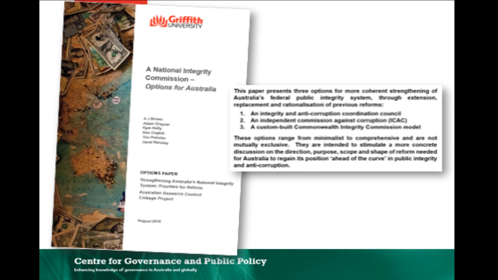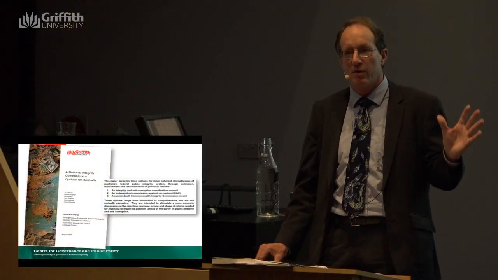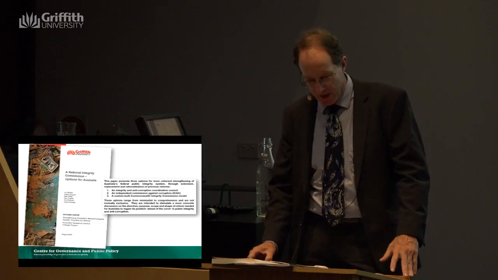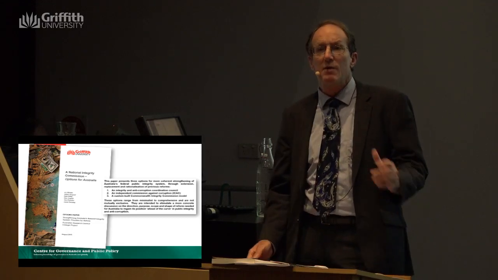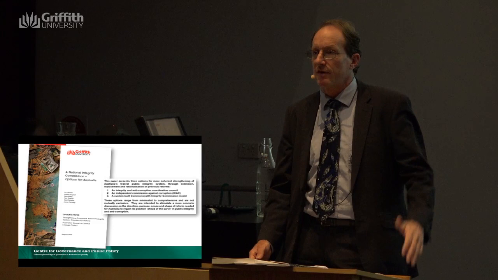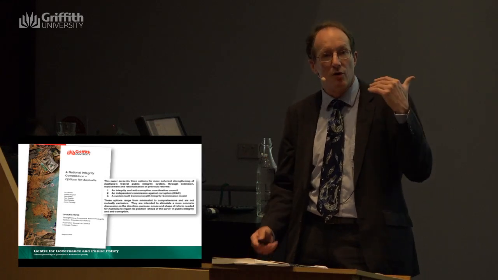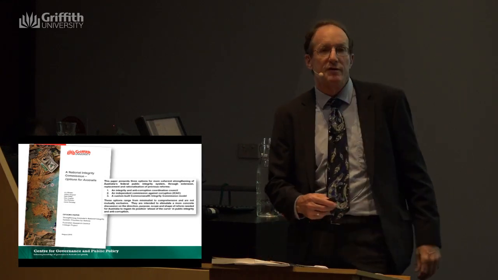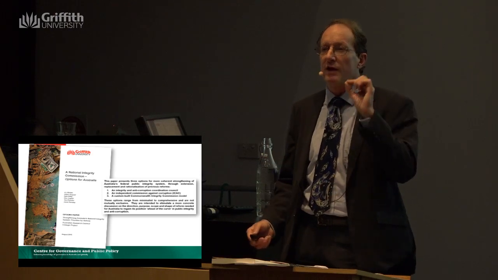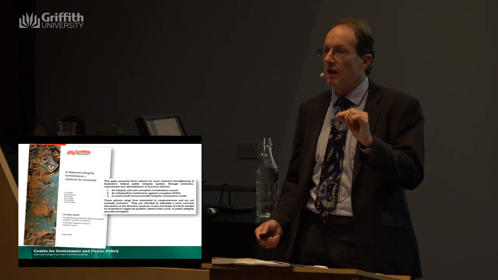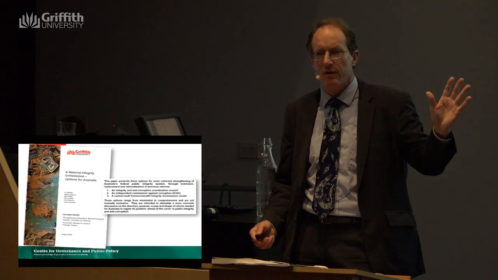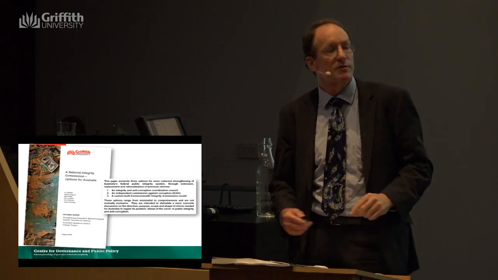You just need to put Griffith University and anti-corruption into your favourite web browser and you will find it. And I'm not going to labour you through all the detail of our assessment, but I do encourage you to have a look and pick up a copy of it, and to understand why it's very important for people to be now engaged, not just in whether this happens, but exactly what happens.